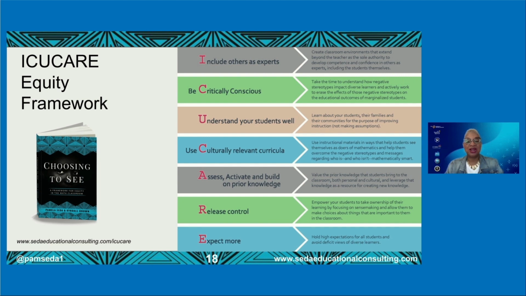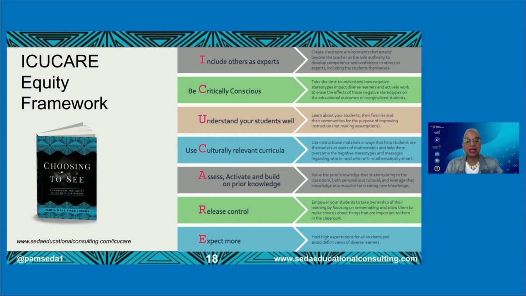And so here are the 7 things to do, because I really want you focusing on what to do and not necessarily the mistakes. Those 7 principles that I just gave you are from the book Choosing to See, and it's what I call the ICU CARE framework. Each one of those letters represents the principles I just shared with you.